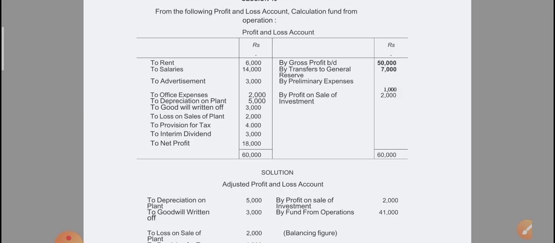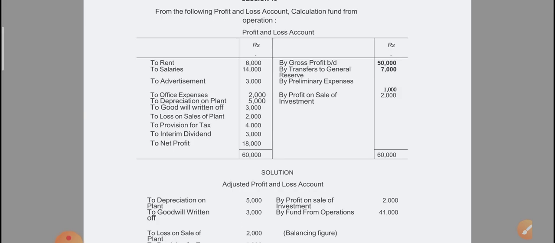So here in this problem, the profit and loss account is given. At the debit side: to rent 6,000, to salaries 14,000, to advertisement 3,000, to office expenses 2,000, to depreciation on plant 5,000, to goodwill written off 3,000, to loss on sale of plant 2,000, to provision for tax 4,000, to interim dividend 3,000, to net profit 18,000.